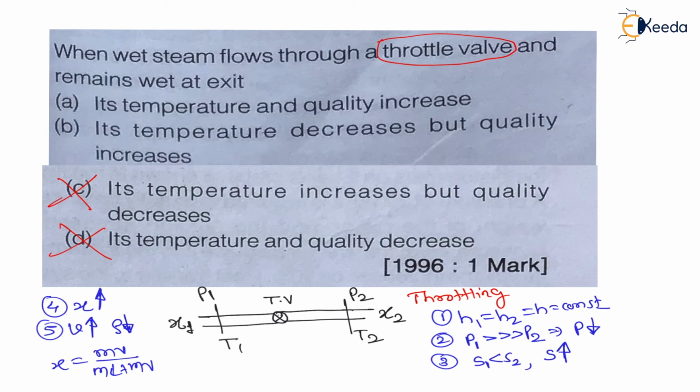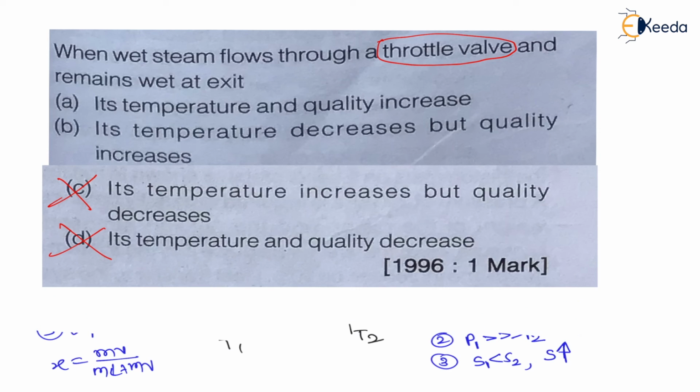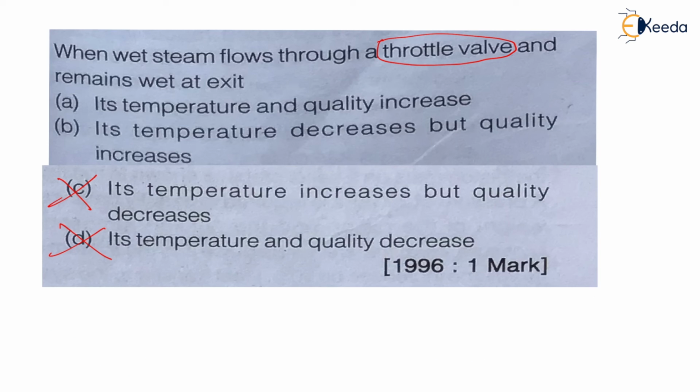Now my dear students, for throttling, the temperature-pressure behavior is given by the Joule-Thomson coefficient. And this Joule-Thomson coefficient mu is nothing but change in temperature with respect to change in pressure due to throttling, that is at constant enthalpy, right?